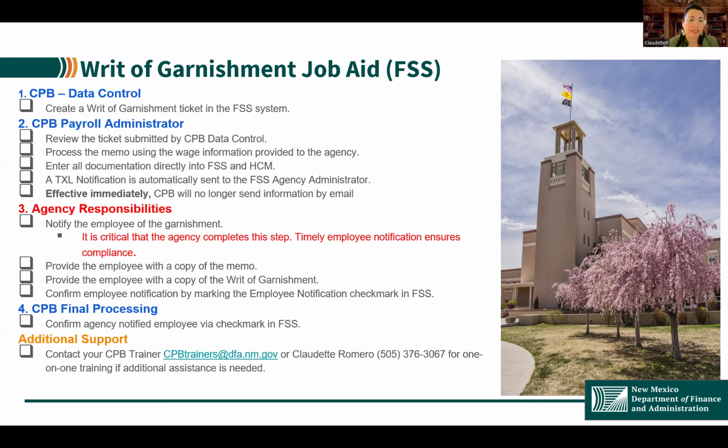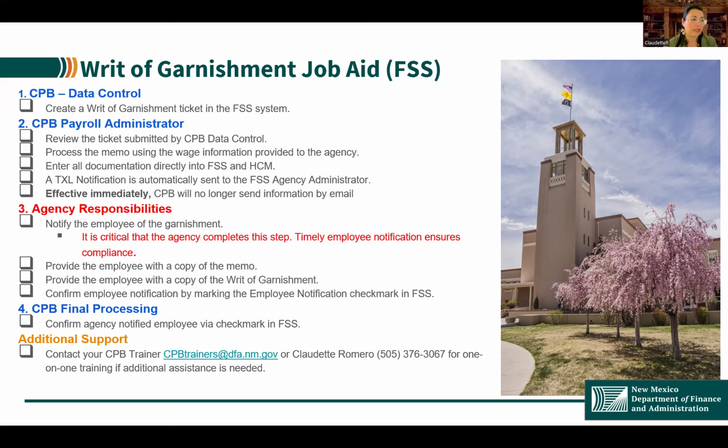So you may have somebody that's picking up checks or doing something in payroll. We want to ensure that they still have that access, but this FSS admin access is special access that's given in the FSS platform. So we want to make sure that we cross-reference that when we're also conducting audits to ensure that the person in your agency is granted that correct access.